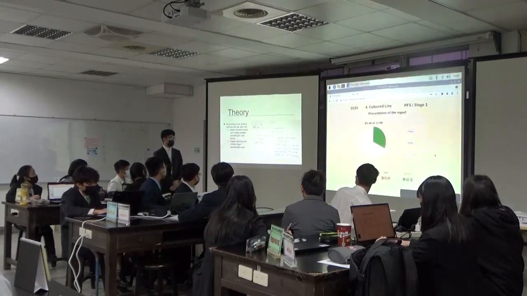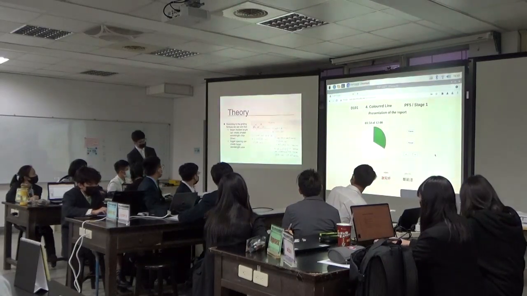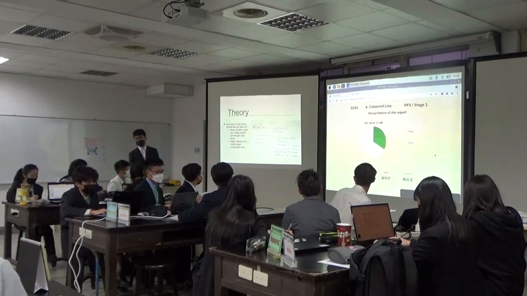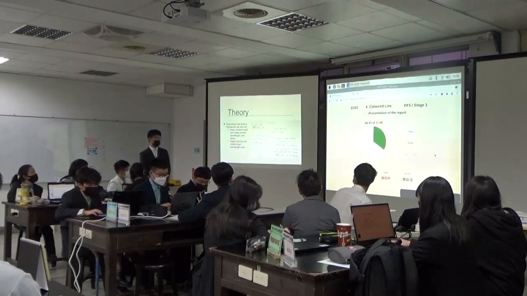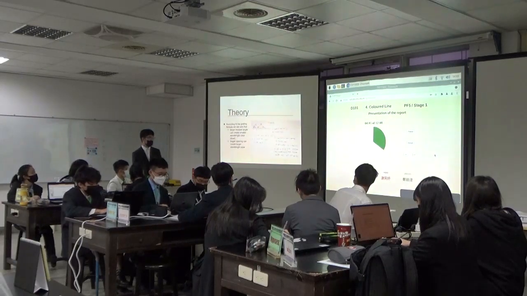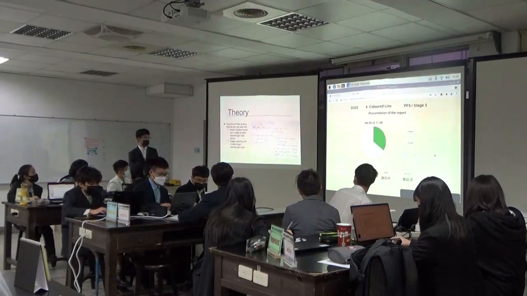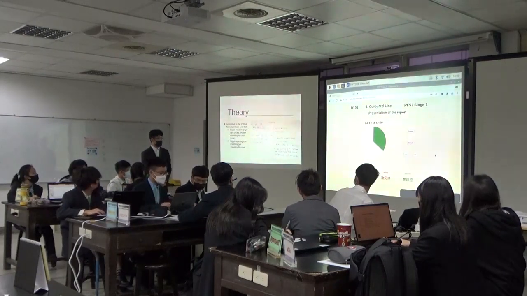So d sine phi, we can also write as d sine of 90 minus theta degrees. Because the incidence angle that we use is smaller than 90 degrees, according to math, sine of 90 minus theta can also be written as cosine theta. So the wave path difference is d cosine theta equals m lambda.